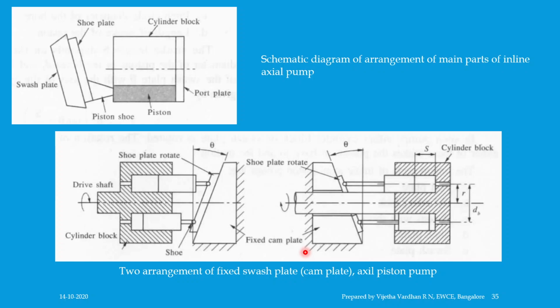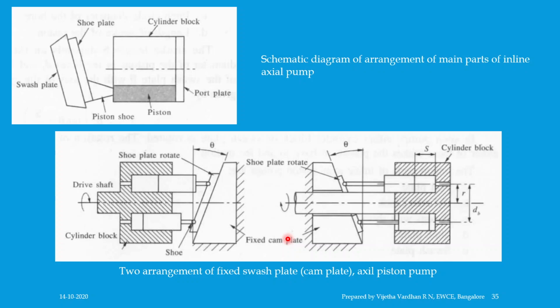The swash plate is called the cam plate provided it has a sloping surface, which is observed in the figure, and acts like a cam over there. As the cylinder block rotates, the piston shoes follow the surface of the swash plate.